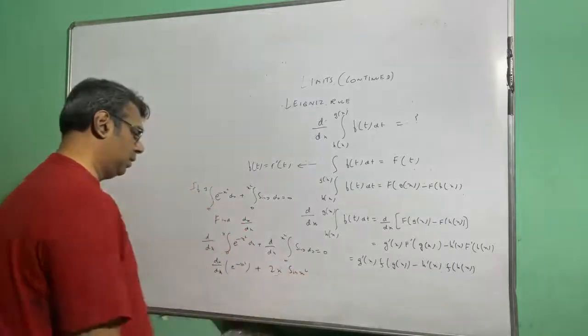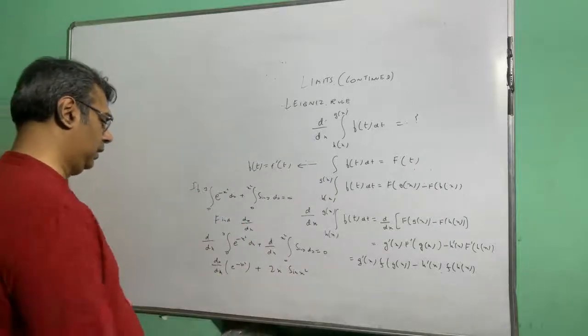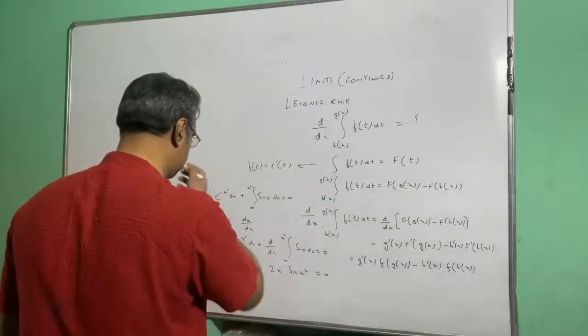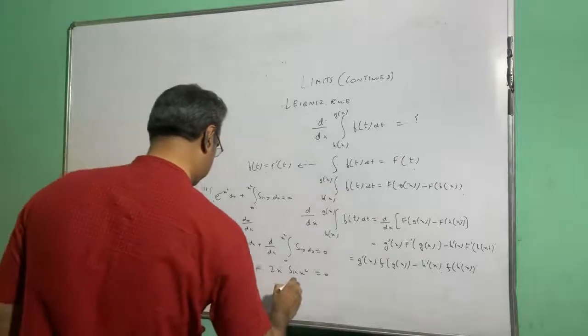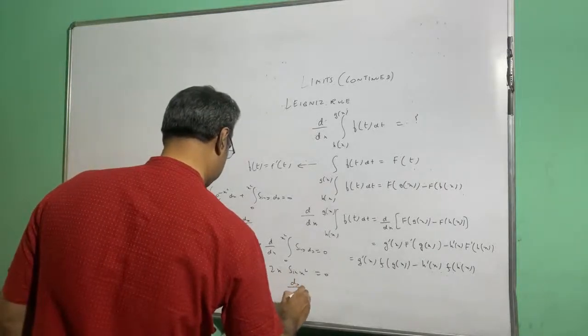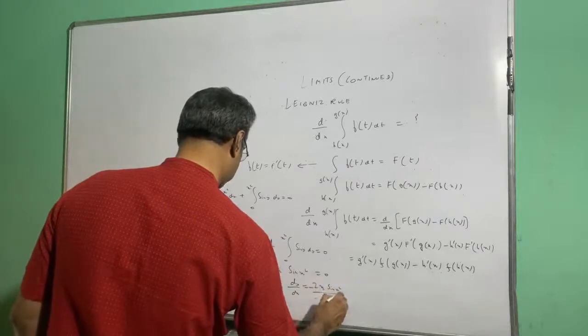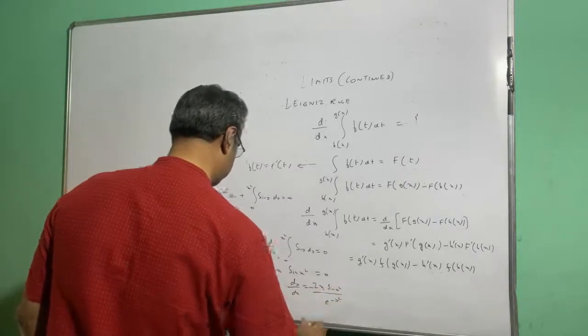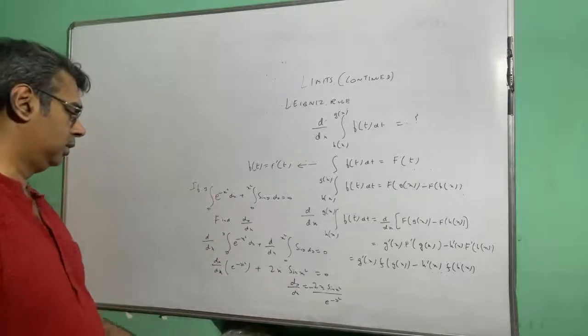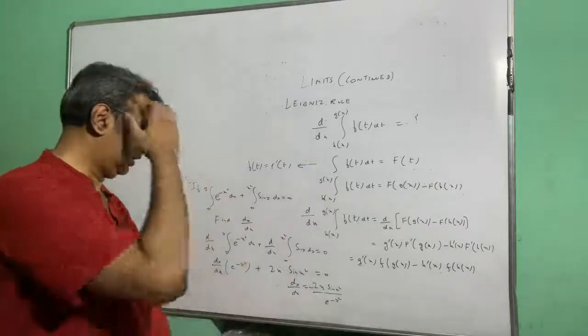The lower limit is 0 and its derivative is 0, so forget it, and the right hand side will obviously be 0. So the answer is dy by dx equals minus 2x sin x square by e to the power minus y square.